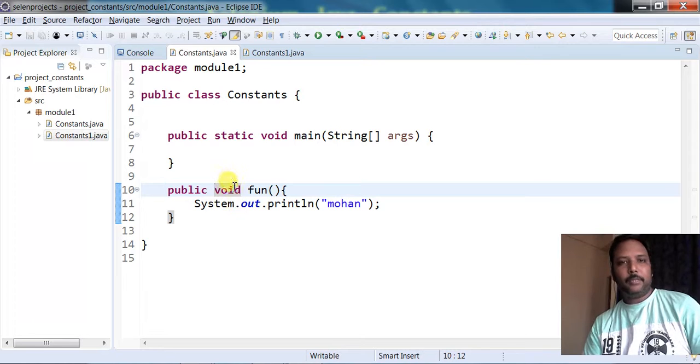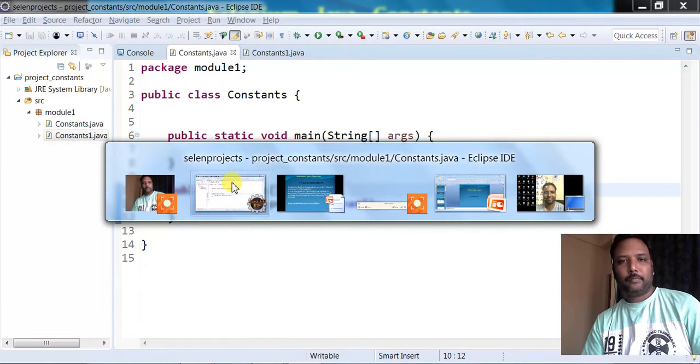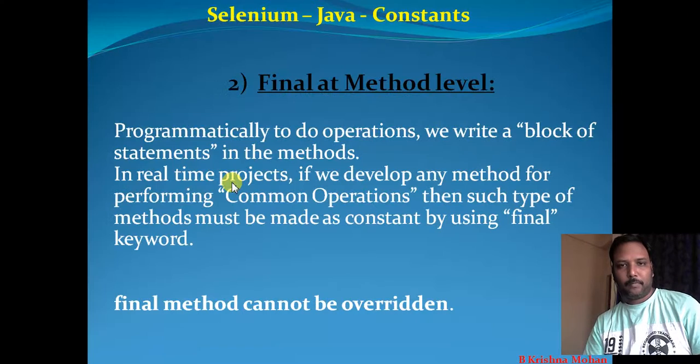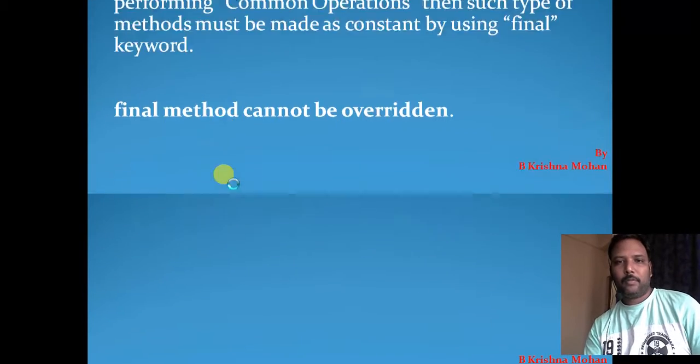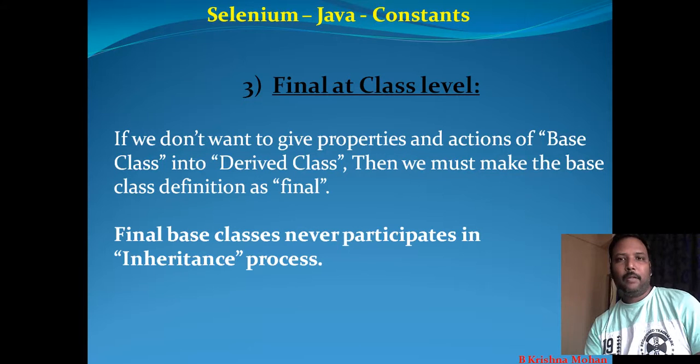Next thing is final at class level. If you don't want to give the properties or the actions of the base class to the derived class, then we must make the base class definition final. A final base class never participates in the inheritance process.